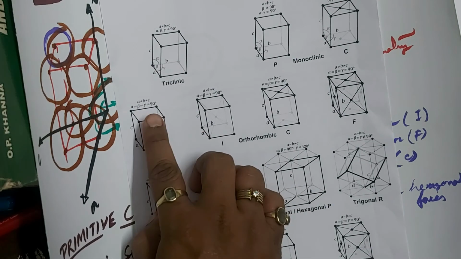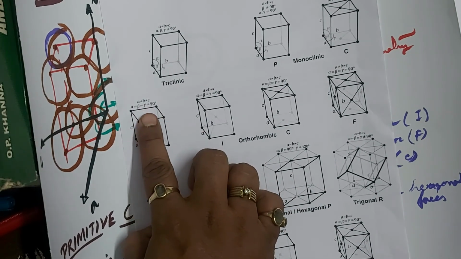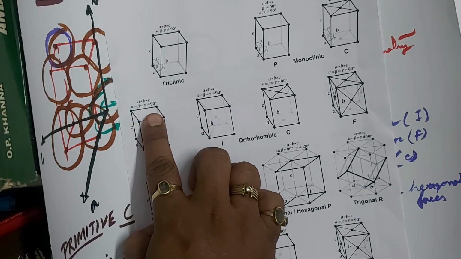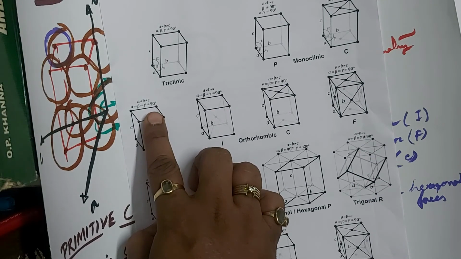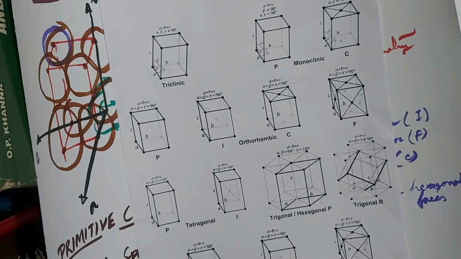Orthorhombic. In case of orthorhombic, no arm is equal to another. So a is not equal to b, not equal to c, but the angles alpha, beta and gamma are equal, and these are all 90 degrees to each other. These are orthorhombic.